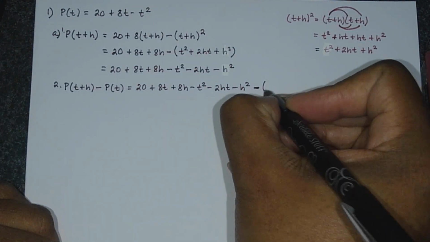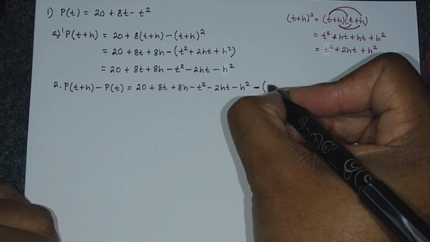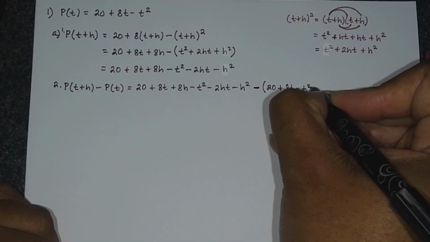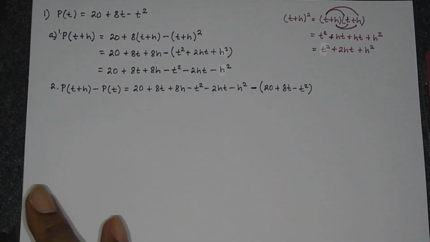And then we're going to subtract from it what P of T is, 20 plus 8T minus T squared. Notice that's in parentheses.